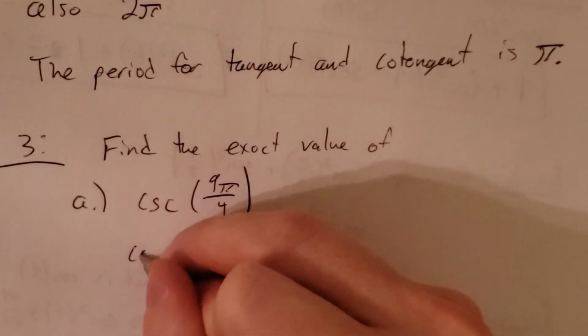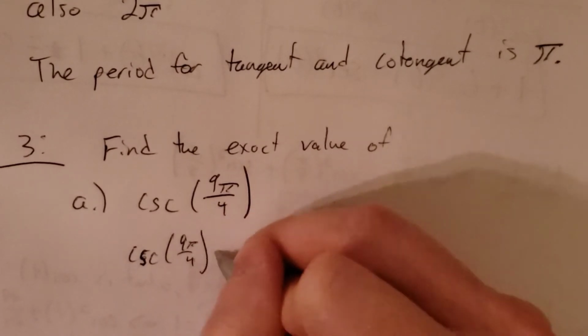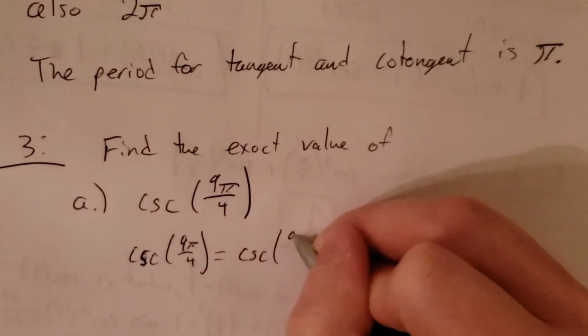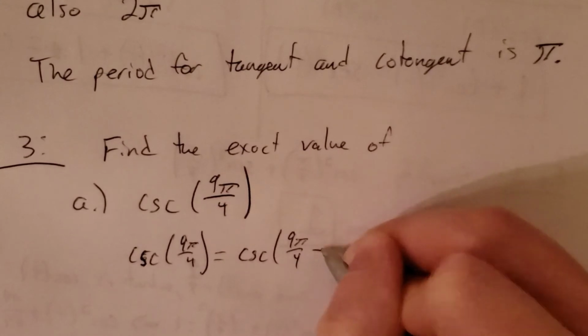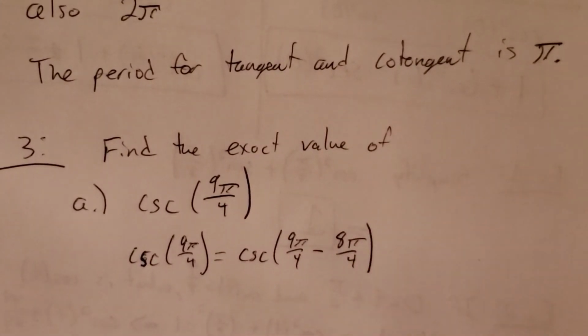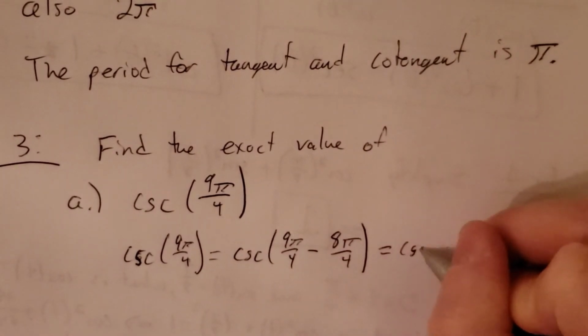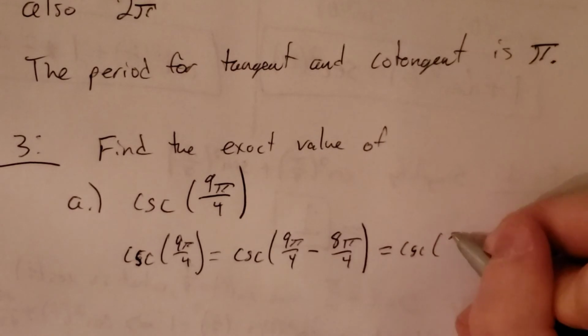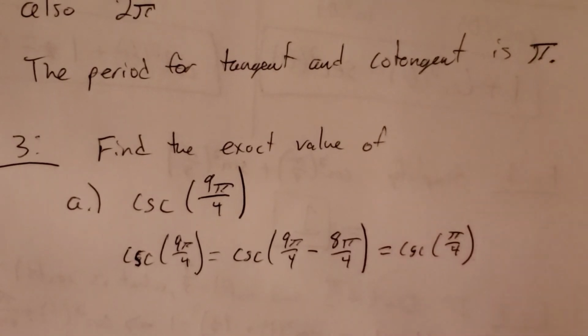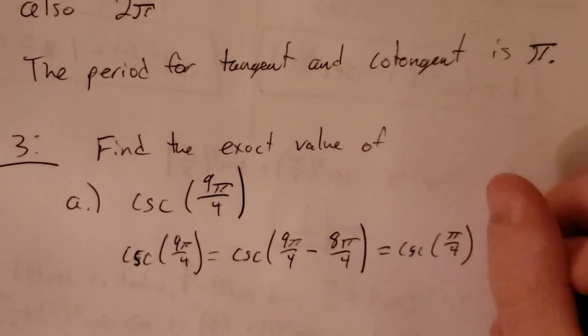So cosecant of 9 pi over 4 is the same as cosecant of 9 pi over 4 minus 2 pi, which I'm going to write out as 8 pi over 4. This is equal to cosecant of just pi over 4. And now we're back in between 0 and 2 pi, so this will be easier to find.